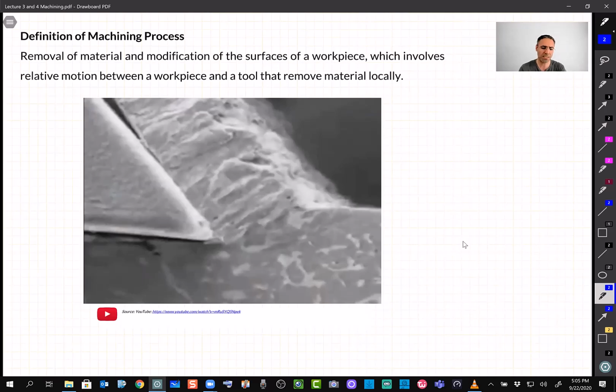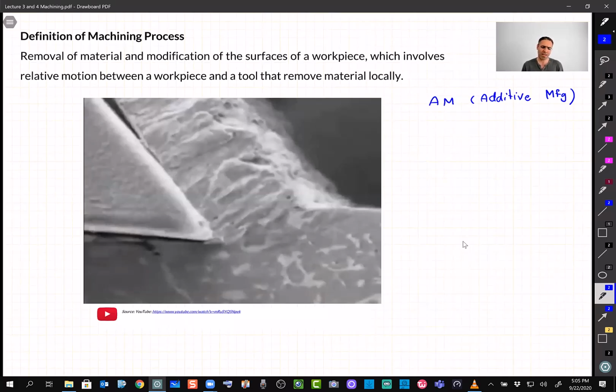In contrast with machining, we can mention AM, which stands for additive manufacturing. In additive manufacturing, we are adding layers on top of layers to make things. But in machining, we are removing layers. So these two are opposite manufacturing processes.